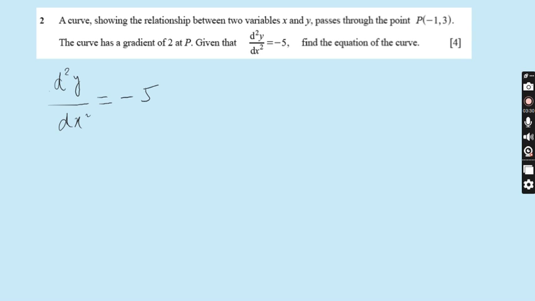So students, first we have to write the single derivative with the help of this given double derivative. How to write? See this carefully. dy/dx, the double derivative given is -5, which is only possible when the single derivative is -5x. If you differentiate -5x, you will obviously get -5 because the derivative of x is 1.